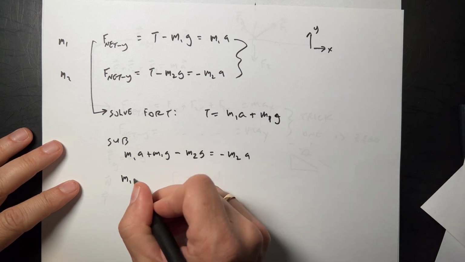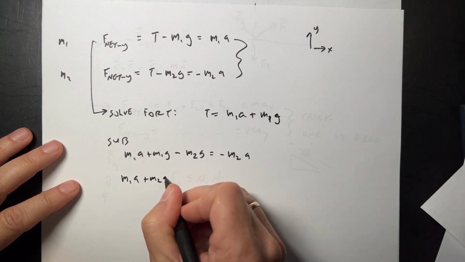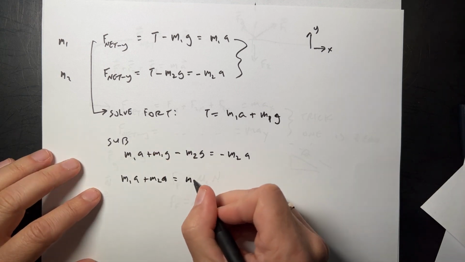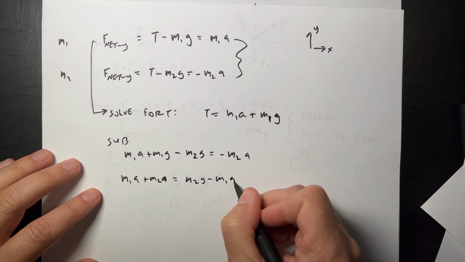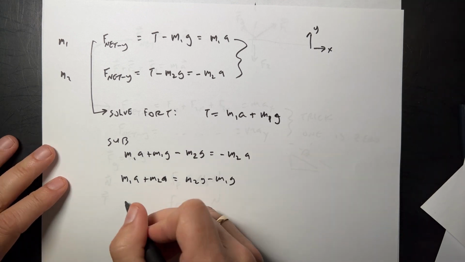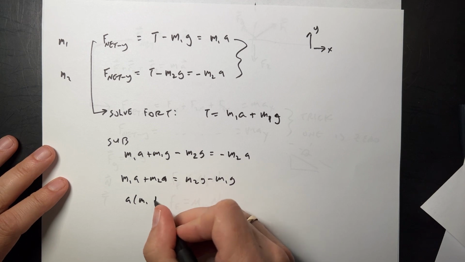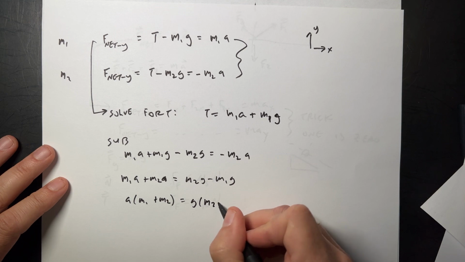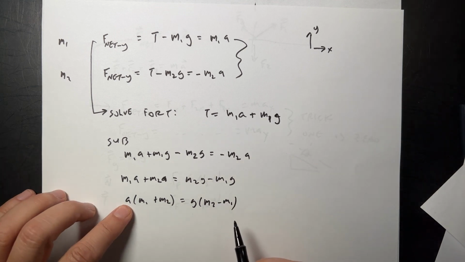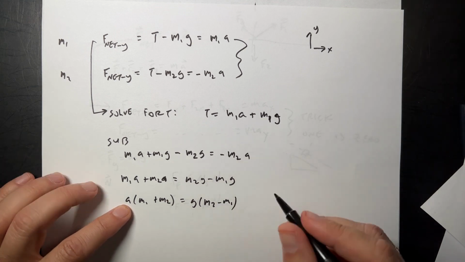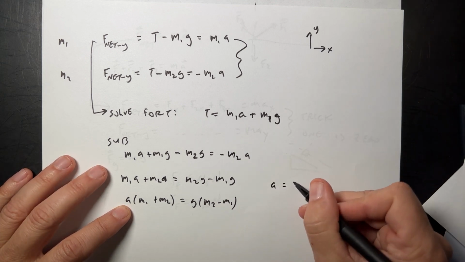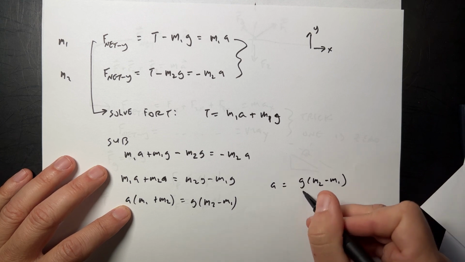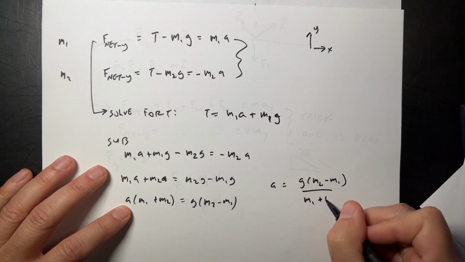So I get m1a plus m2a, and then subtract that from both sides, m2g minus m1g. And I can factor out the a: a times (m1 plus m2) equals g times (m2 minus m1). And then I'm going to divide both sides by m1 plus m2. And I get a is g times (m2 minus m1) over (m1 plus m2).